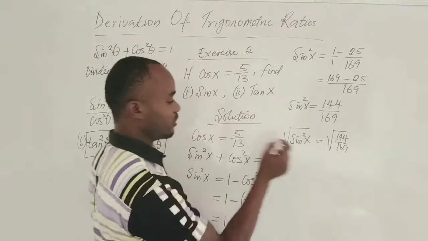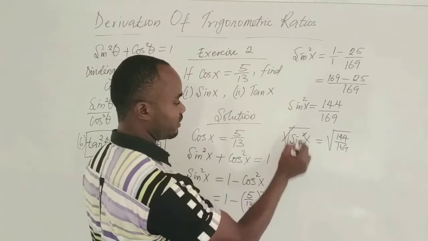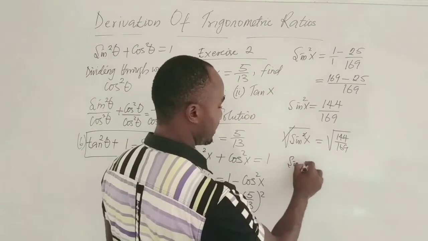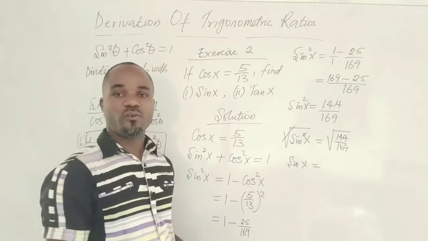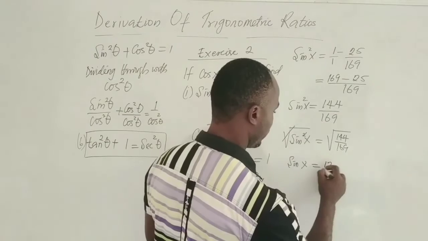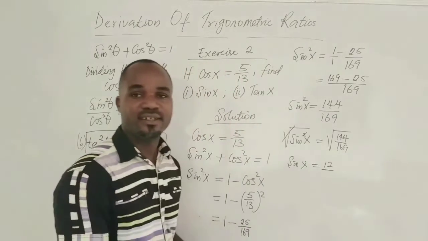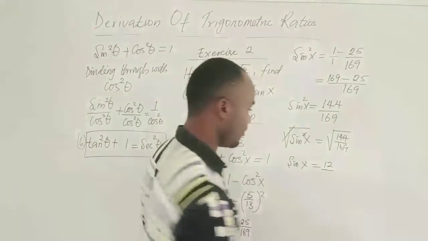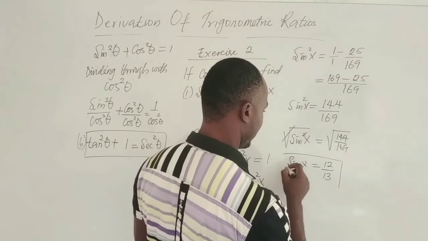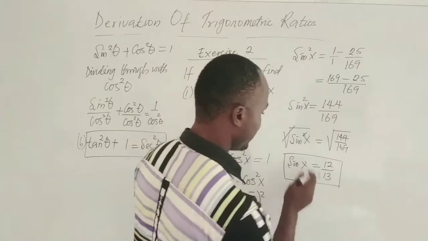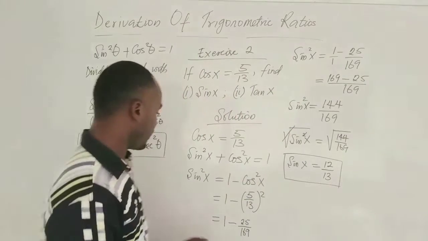So this square, we take care of this square root, and we are left with just sin x. The square root of 144 is 12. The square root of 169 is 13, not 12. It's 13. So this is the answer to that question.